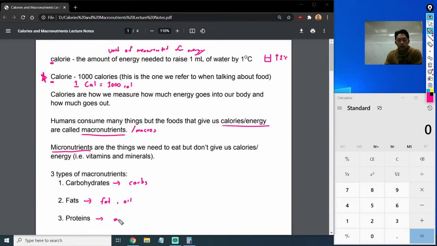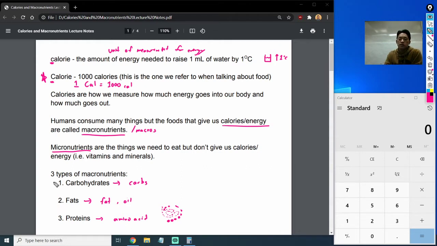Proteins are made out of things called amino acids. And so if you have a bunch of amino acids linked together like this, and they create a structure, sorry, this is really random, but amino acids stick together and then that will form a protein. Okay, so think of amino acids as the Lego blocks and proteins are the big Lego structure.